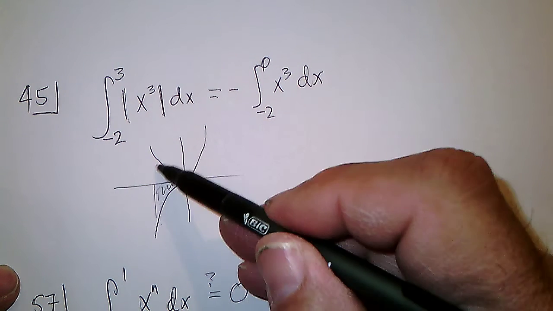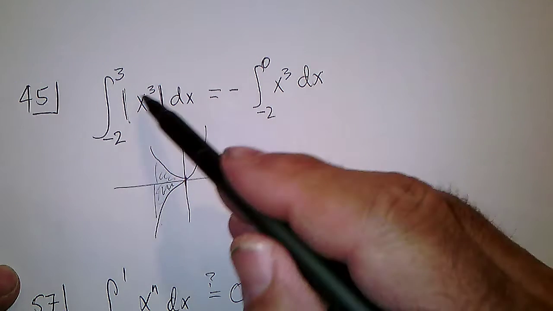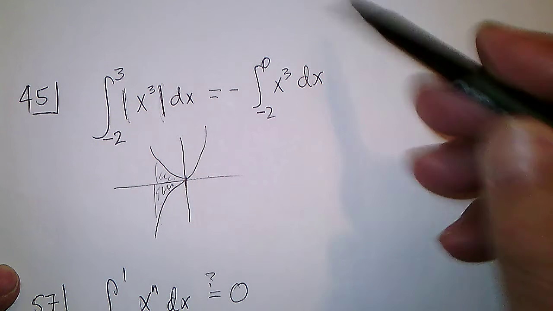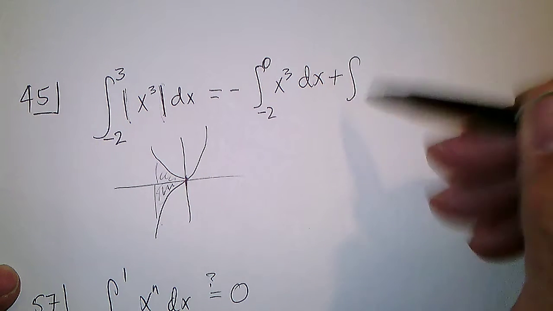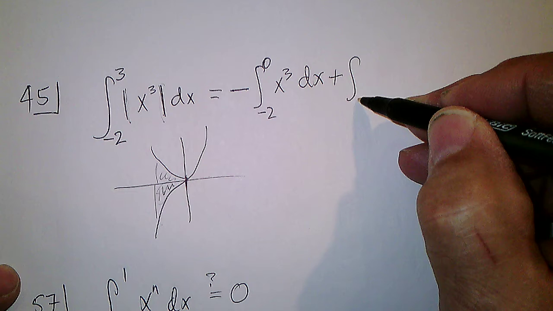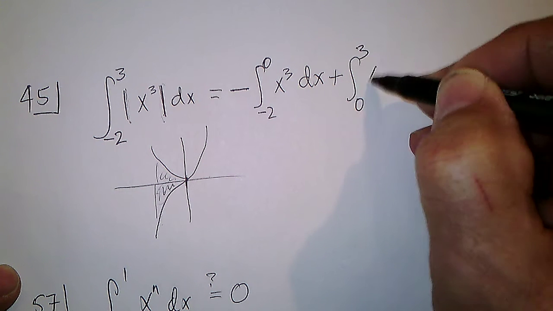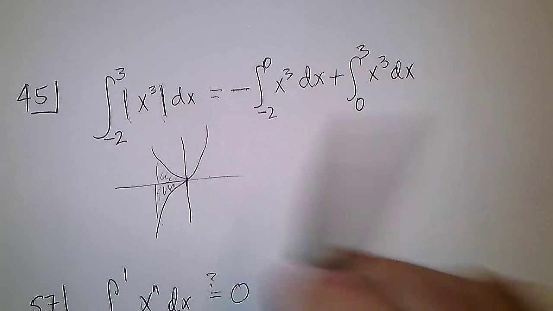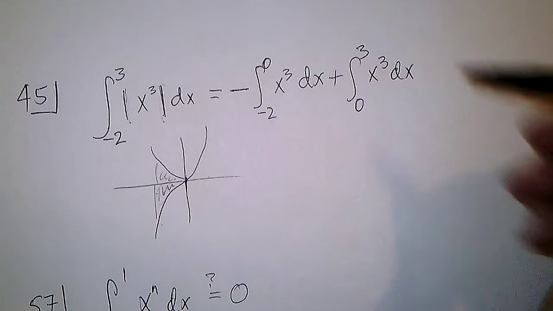So take the opposite of that, so we get this area, which is the absolute value one. And then we can do the area from 0 to 3 of x to the third dx. And we worked that out in class. Let's see, I'll just go ahead and do that.